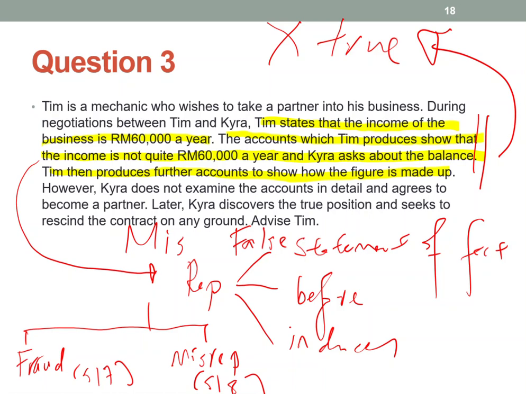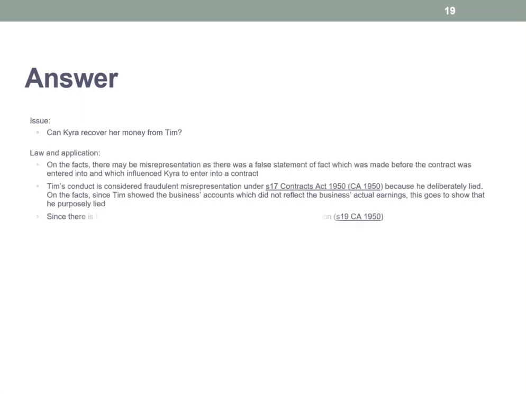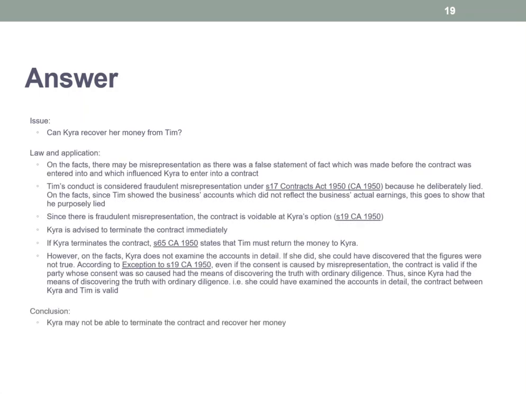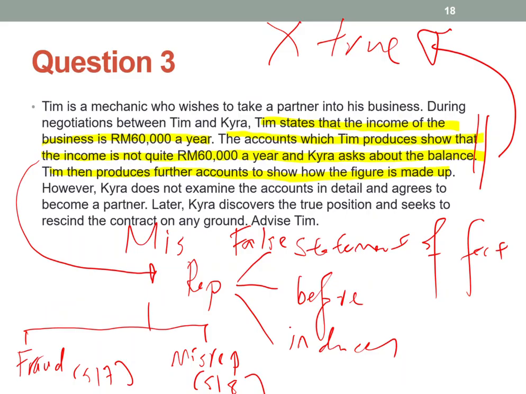Are you okay with this? The only problem over here is that Tim may be able to use one of the defenses.